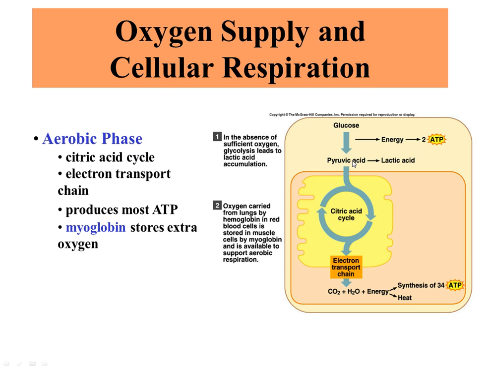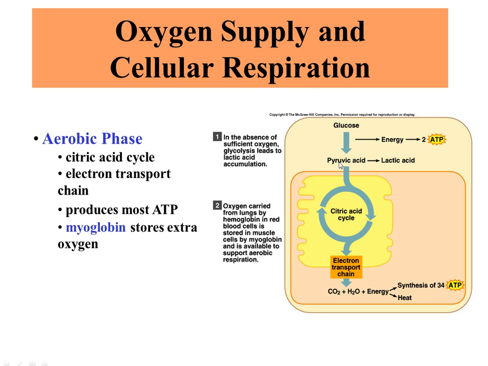Okay, so if oxygen is not present, then this pyruvic acid. Now what happens is the breakdown of glucose. Glucose, its chemical formula is C6H12O6, and it has a lot of carbons.